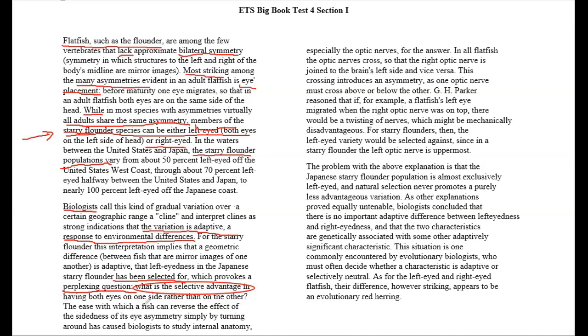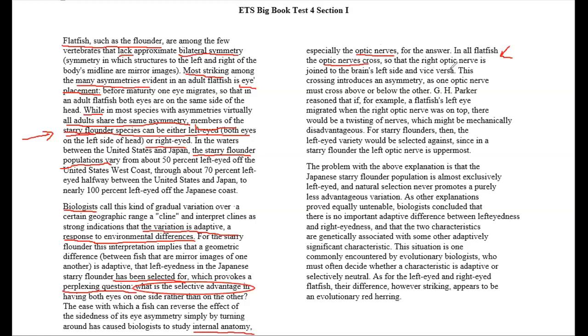The ease with which a fish can reverse the effect of the sightedness simply by turning around has caused biologists to study internal anatomy, especially the optic nerves, for the answer. In all flatfish, the optic nerves cross. Okay, so this is kind of an explanation. In all flatfishes, the optic nerves cross so that the right optic nerve is joined to the brain's left side and vice versa.